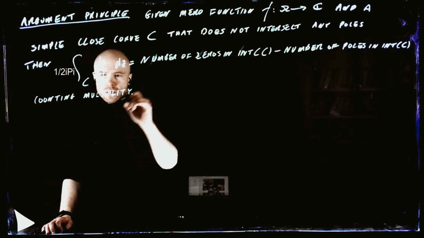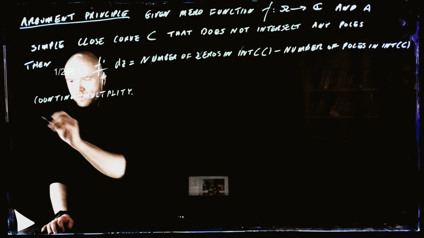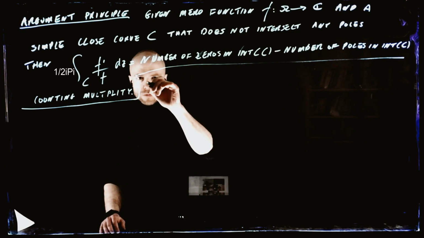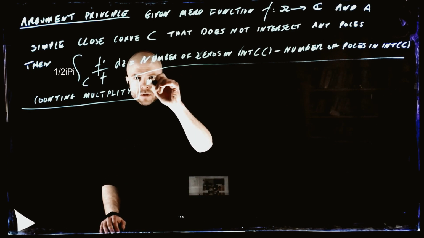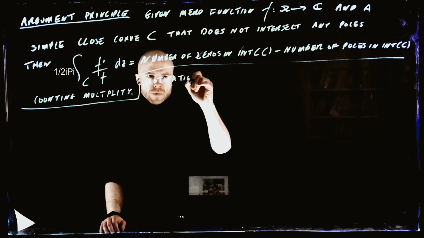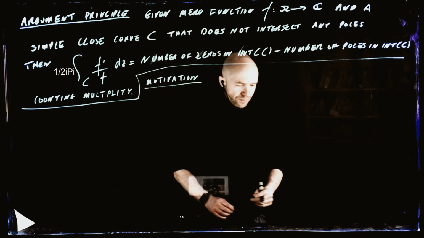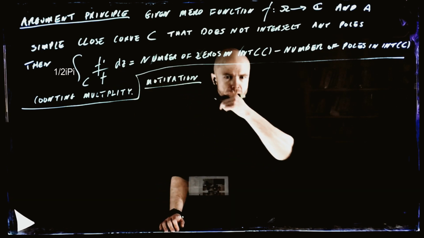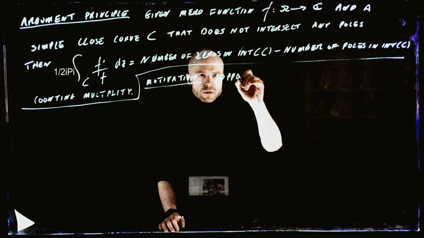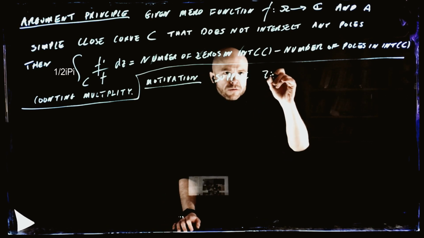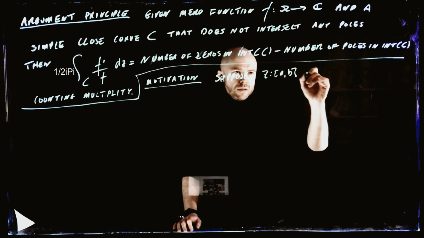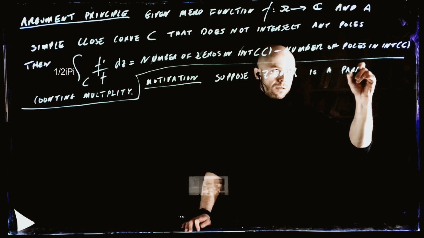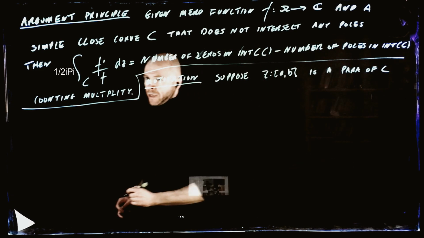Okay, so firstly, let's motivate this. So I'll explain it. All right, we're going to start by considering what this thing actually means. So suppose we have that z from A to B is a parameterization of the curve C, right?